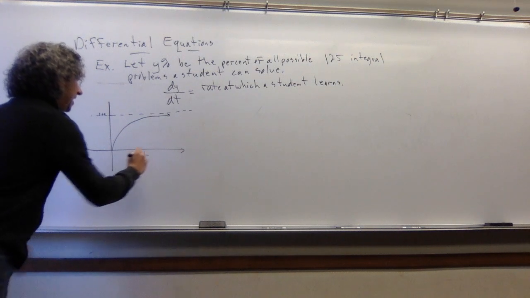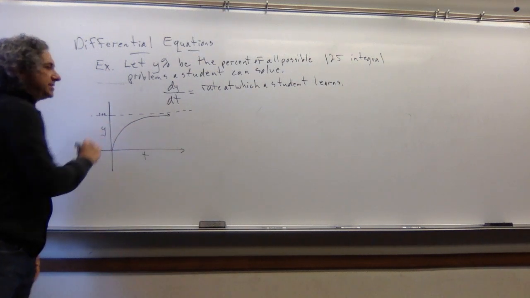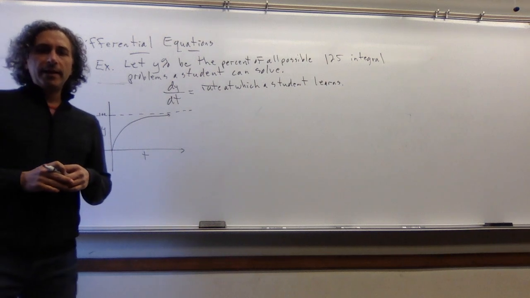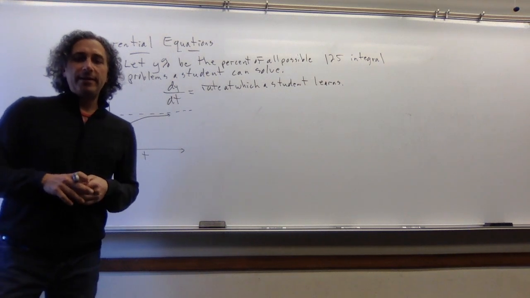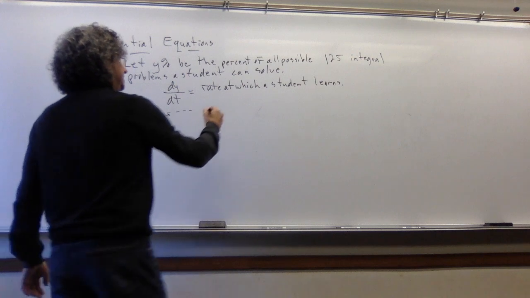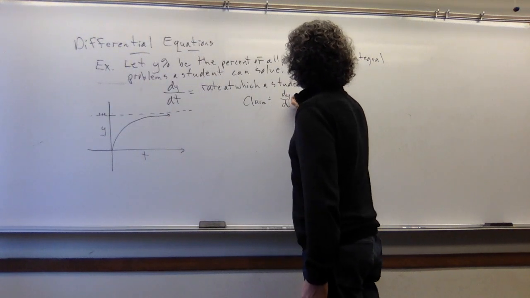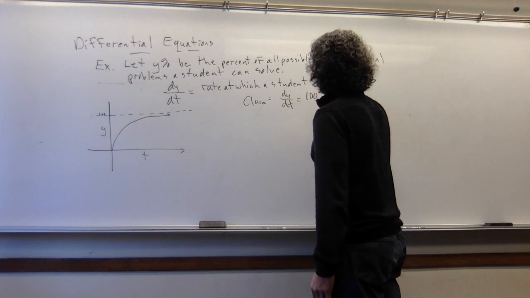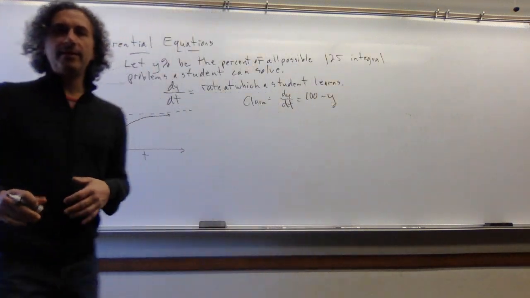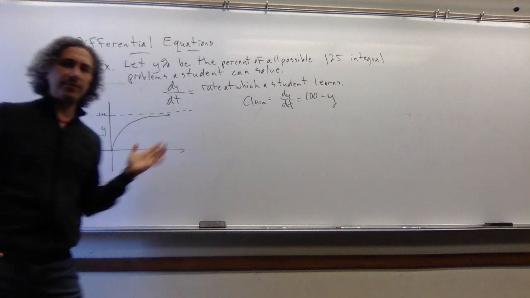So time is my axis here, and the percent is up here. I claim that dy dt equals 100 minus y could potentially be associated with this picture.